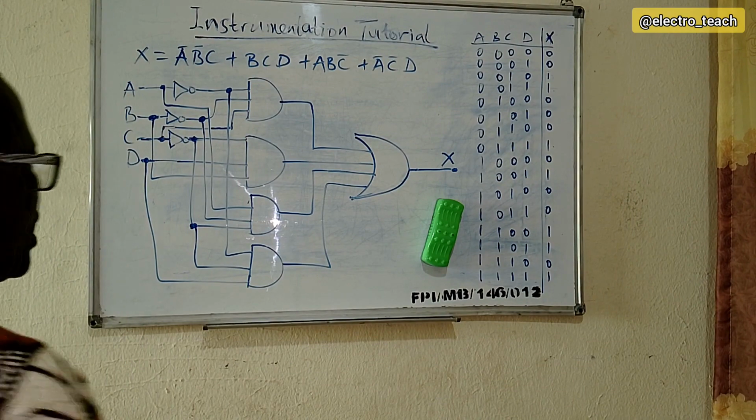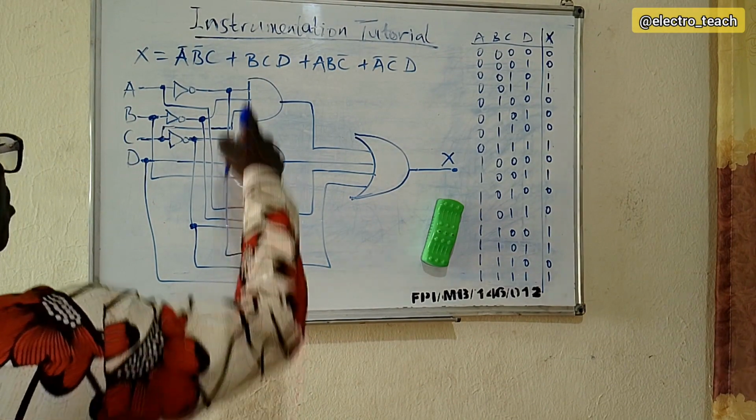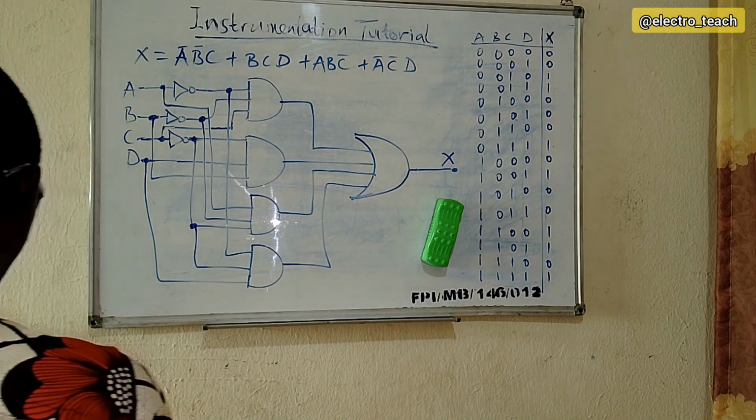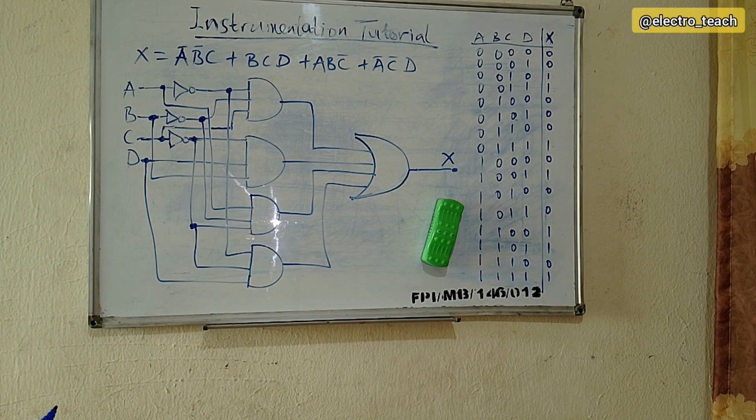Question number C requires that we convert this sum of products into a product of sums. Okay? Into a product of sums. Alright.